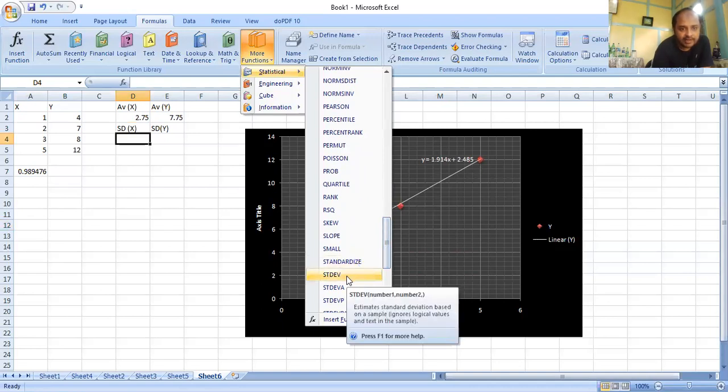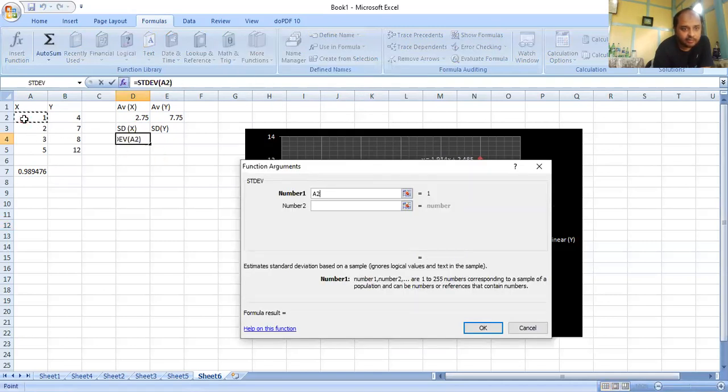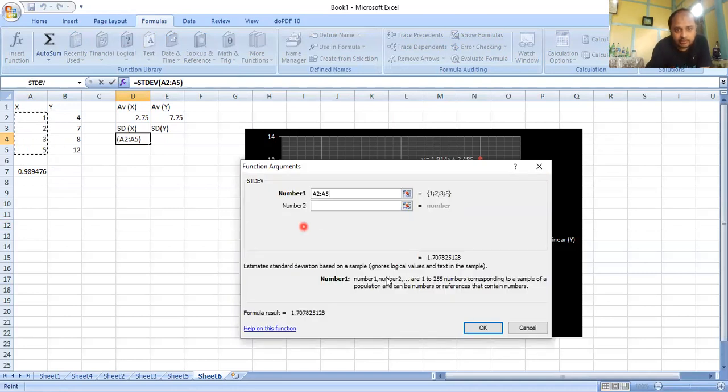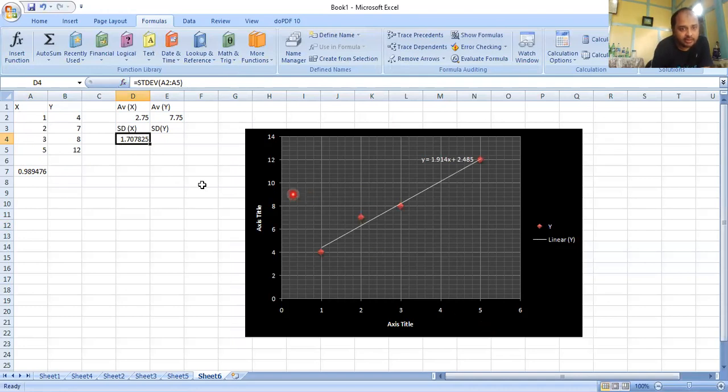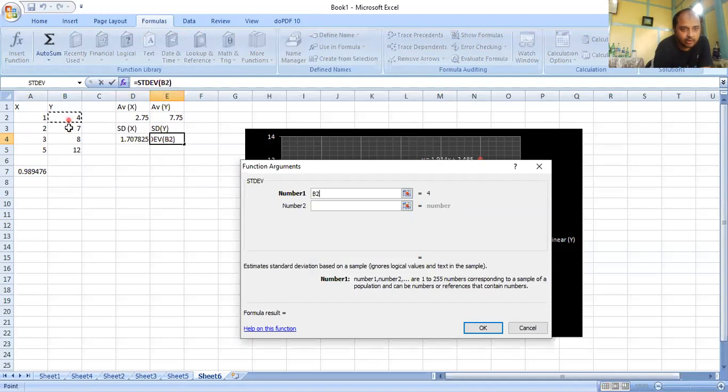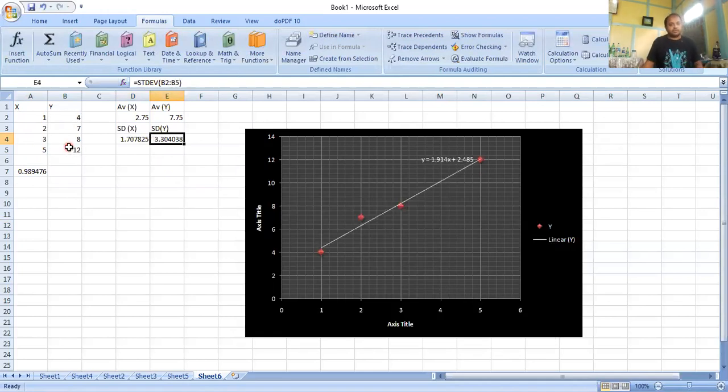If I select all these 4 values of capital X, the standard deviation is calculated as 1.707. Similarly, if I do the same calculation for column Y, the standard deviation comes out as 3.30.